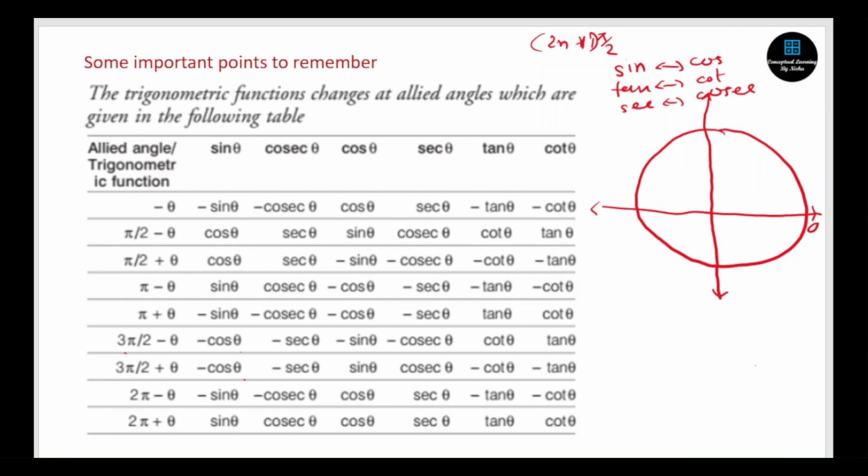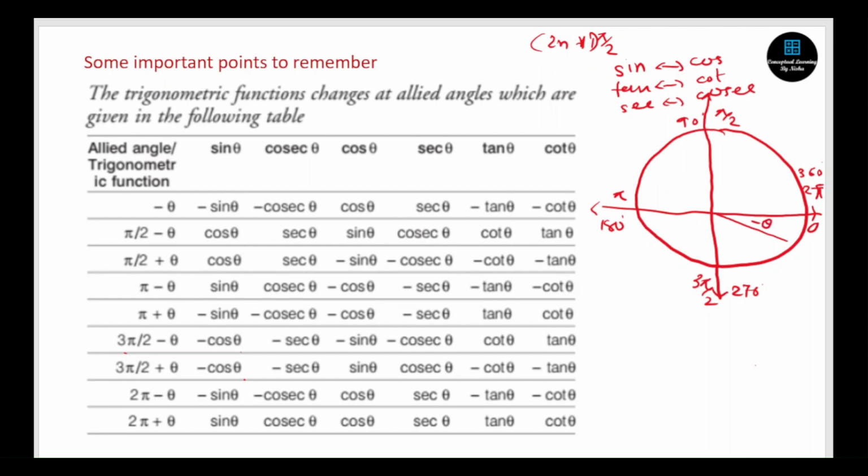Now see, this is 0, this is pi by 2, pi and 3 pi by 2, this is 2 pi, or I can say 0, then 90 degrees, then 180 degrees, 270 degrees and 360 degrees, right? So we already know this. Now when I say minus theta, it is here. This is minus theta, correct?